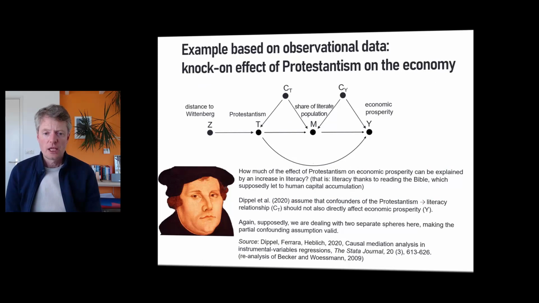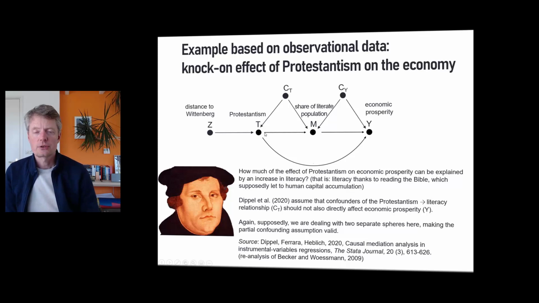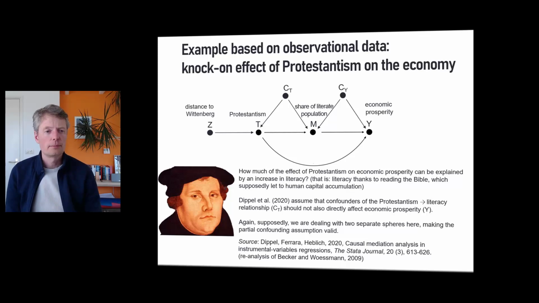Another example is provided in a related paper on a Stata command that you can use for their method, and then they look at the effect of Protestantism on economic prosperity, and they're interested in how much of the effect of Protestantism on economic prosperity can be explained by the share of the literate population. They have an instrument for Protestantism, namely distance to Wittenberg. Basically, that's where this guy here, Martin Luther, came from.